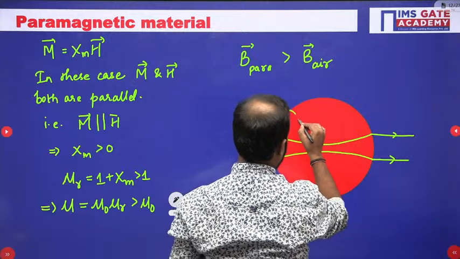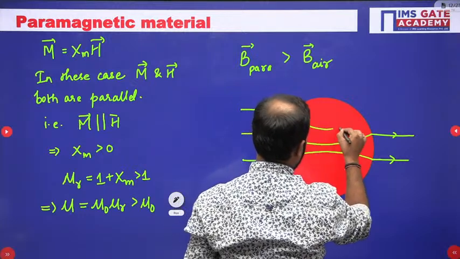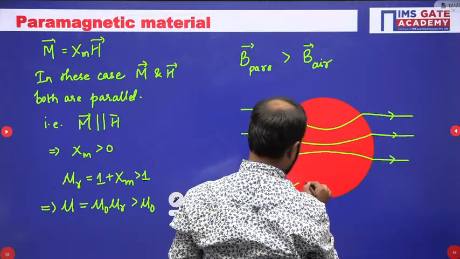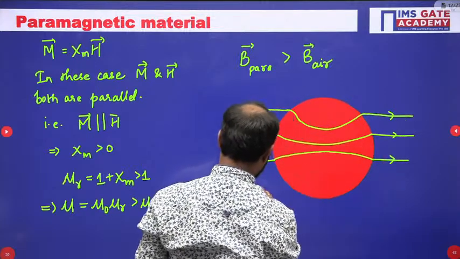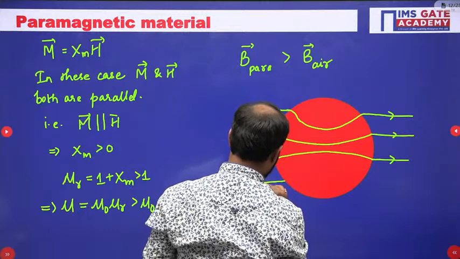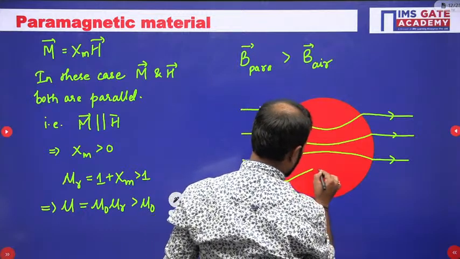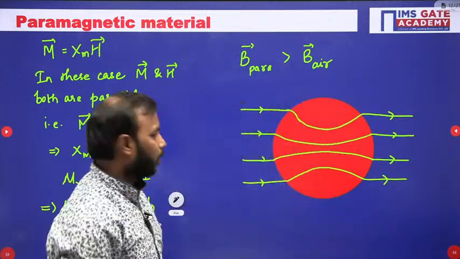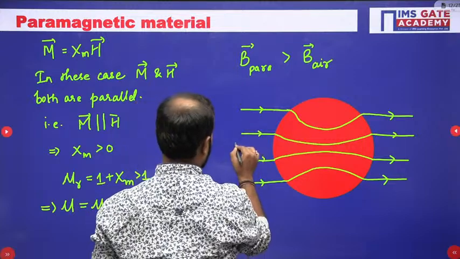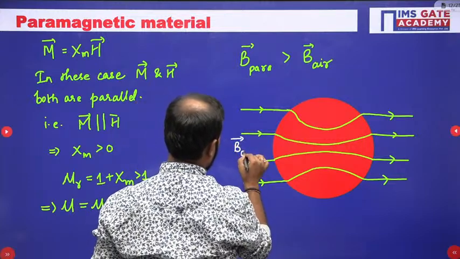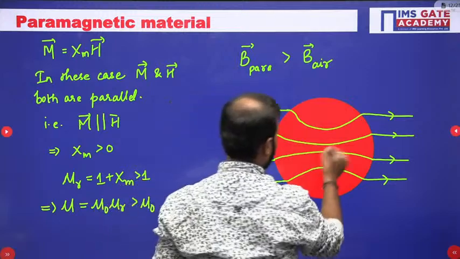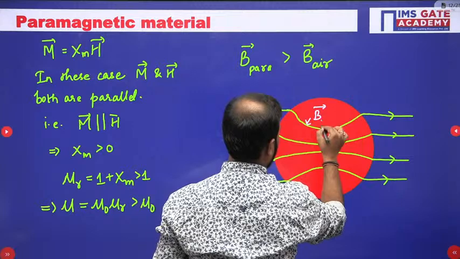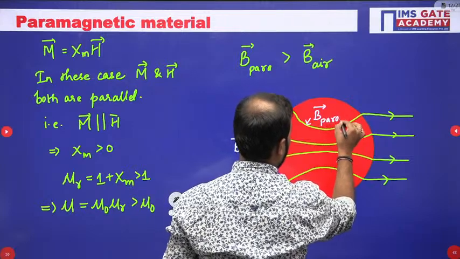Okay, so look at here. Done. So this is magnetic field density at the air, and this whole thing is the magnetic field density of a paramagnetic material.